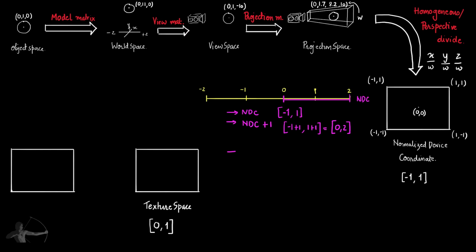And then if we divide it by 2, which is multiplying NDC plus 1 by 1 divided by 2, we have 0 divided by 2 and 2 divided by 2, which gives us the range of 0, 1, and that is what we are looking for. But let's take a look at this calculation in detail.